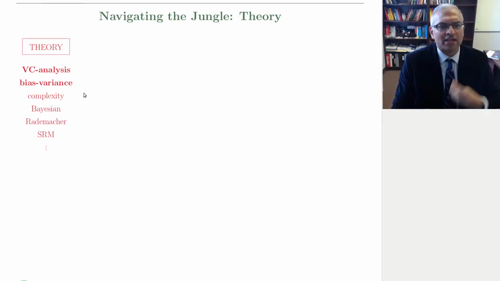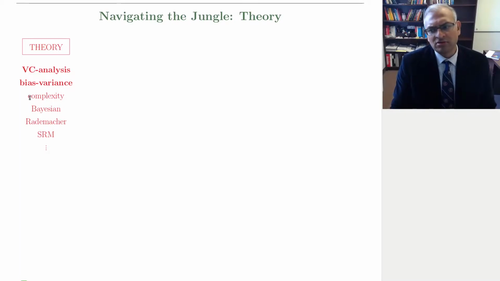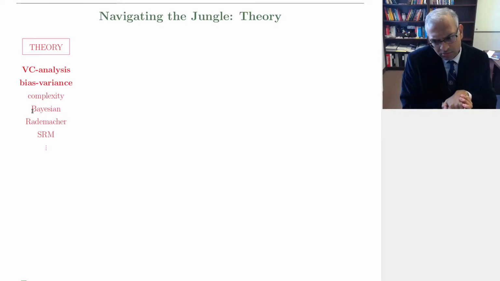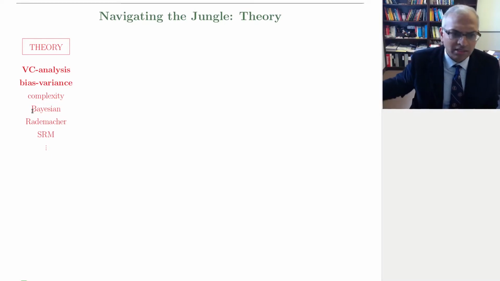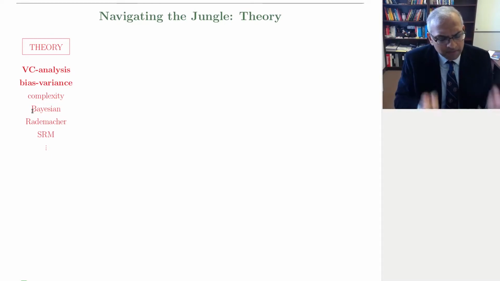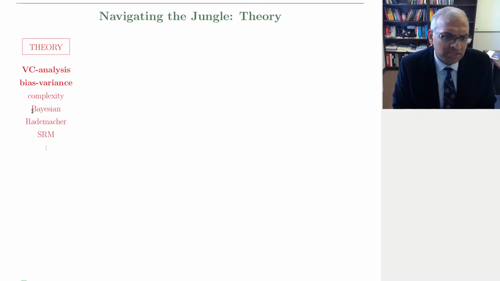Now you can of course add on. You can put icing on the cake, and there's a variety of complexity theory related issues in machine learning. There's the Bayesian theory, which starts from the assumption that you have some prior distribution over the target function f, okay, and from then on, you go and do things very mathematically rigorously and everything is nice, and it's actually a very beautiful progression of the mathematics to what you can then predict, except that you have this fundamental assumption at the beginning of the Bayesian theory, which said that we have a prior distribution over the target function f.